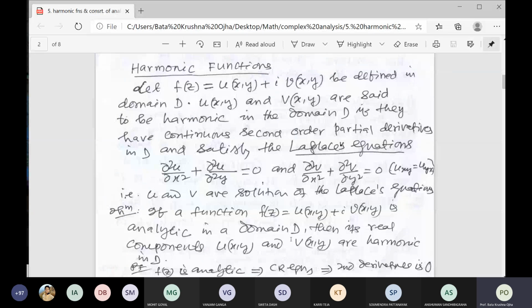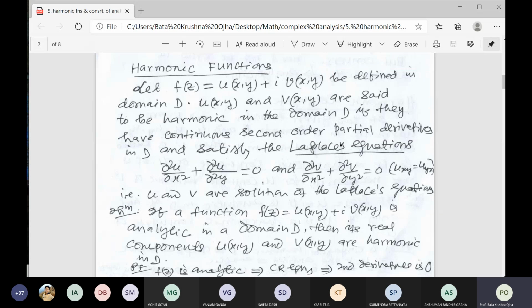If you differentiate y first, then x, it will become just reverse. So for continuous partial derivatives, both values with respect to x and y or y and x are same. So therefore, you remember, both are equal because of continuity of the second order partial derivative.